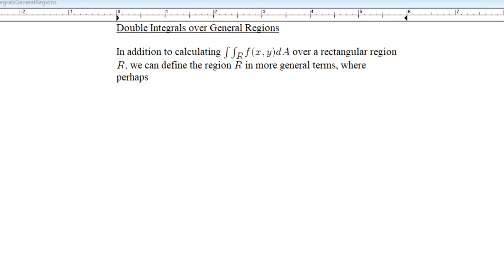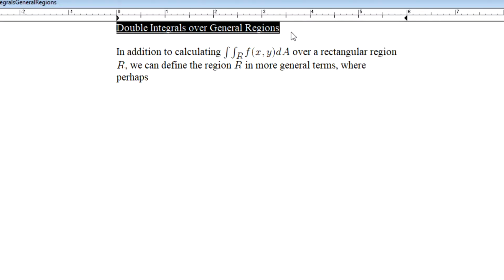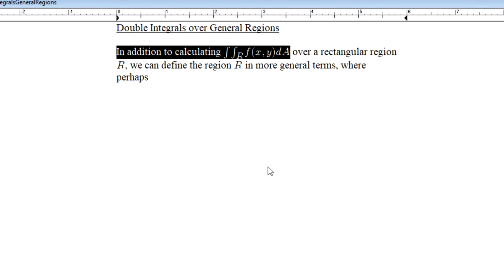Back here with another lecture over double integration, or multiple integration in general. In this lecture, we are going to take a look at the case for double integrals over general regions, where we are considering calculating this double integral calculation that we're familiar with, occurring over region R, applied to function f, and happening with respect to the area of R, from a rectangular region for R, and consider the case of defining region R in more general terms.